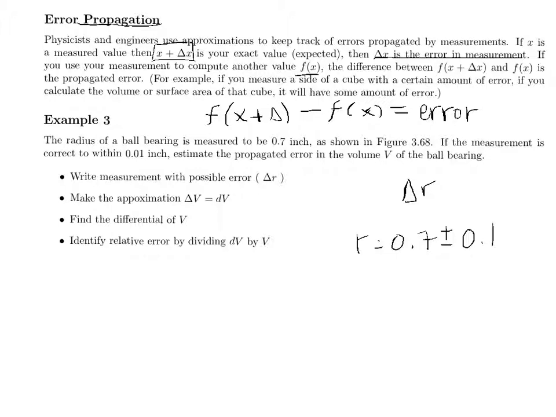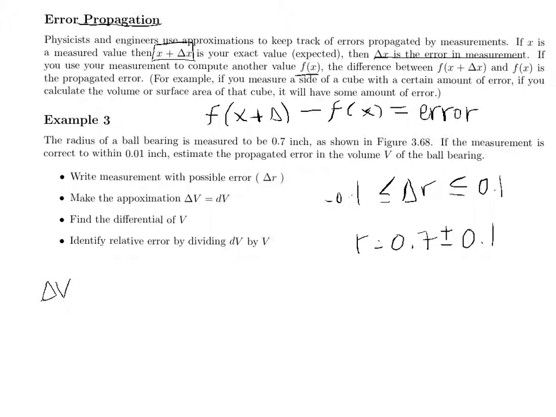Another way to say that, if we get rid of the 0.7 and ignore the fact that we know it's 0.7, is to say that the change in r is between 0.1 and negative 0.1. So that's what we're being told here. You would like to find the change in volume.